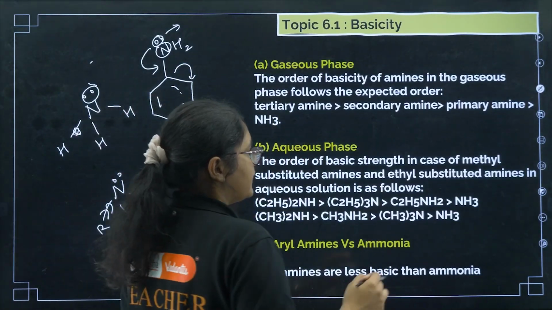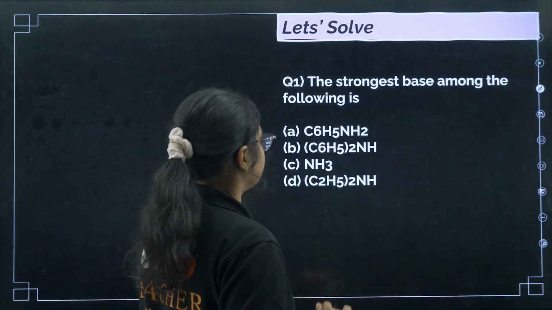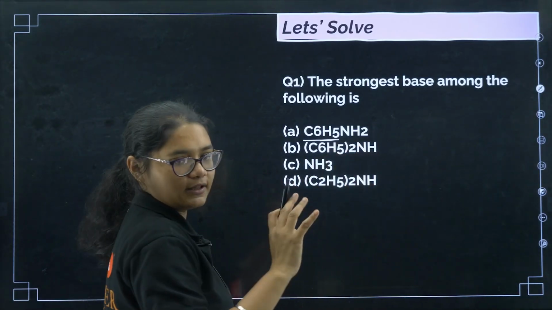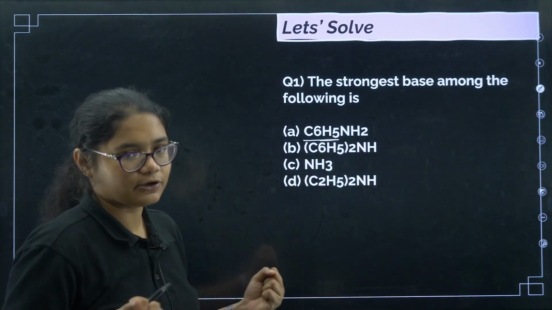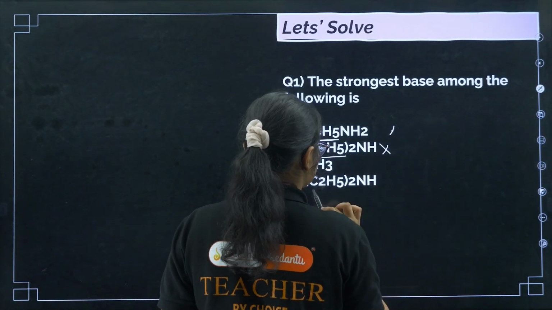Next, coming to the second question: the strongest base among the following. Wherever you find this benzene ring, it is pulling electrons from nitrogen, so it is not a strong base. Here also it is not there.